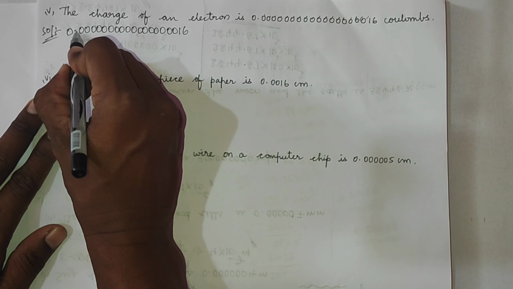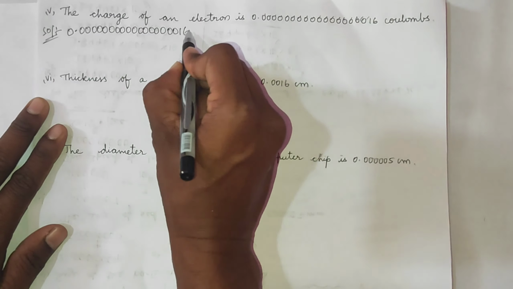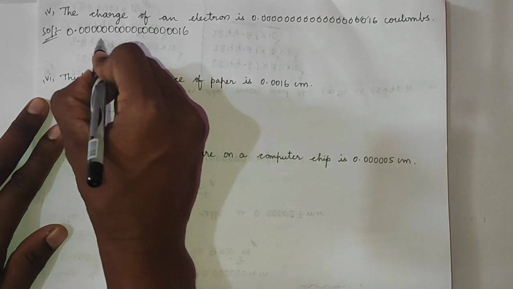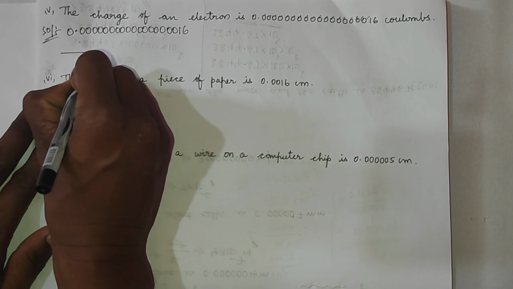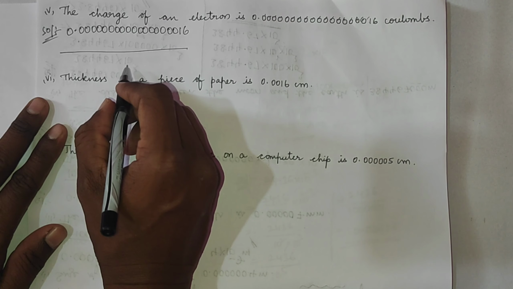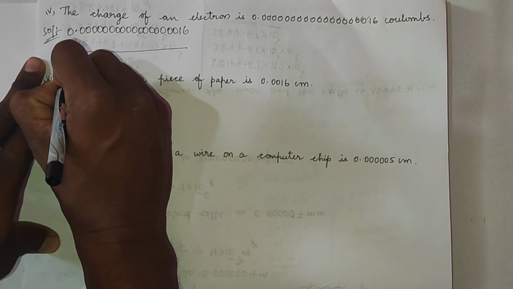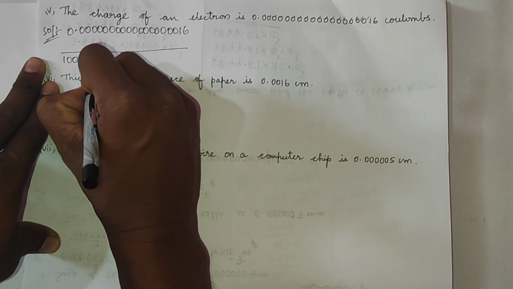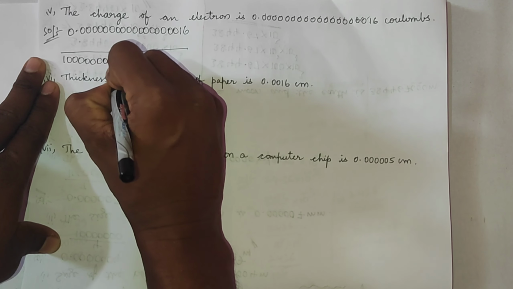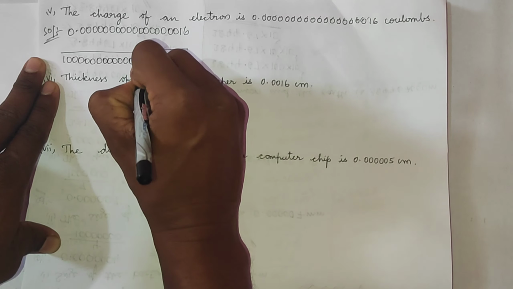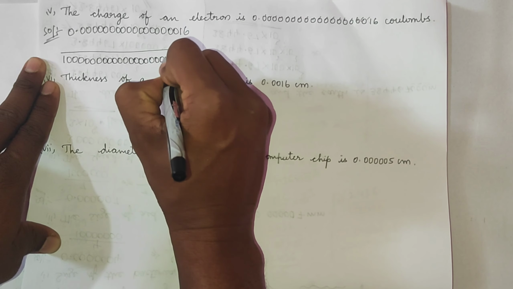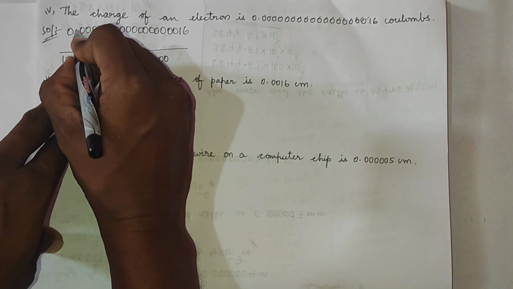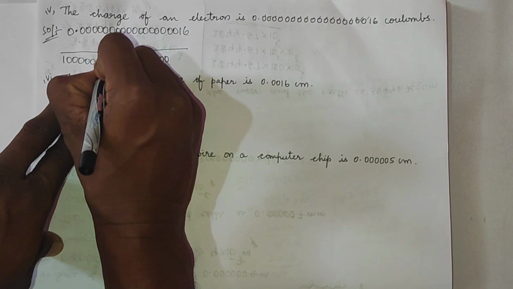Nothing but after the point having 19 digits. So if you remove the decimal point, how many zeros will you get here? 19 zeros. If you remove the decimal point, you will get the number 16.